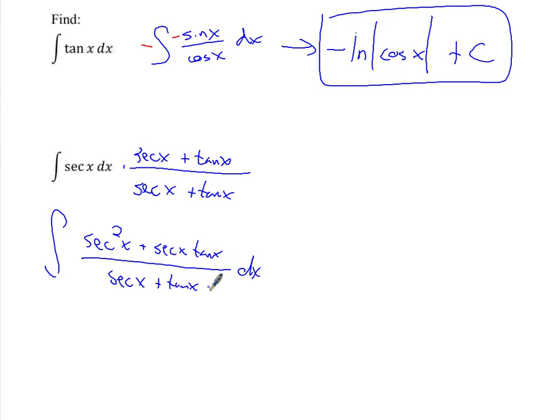The derivative of tangent is secant squared. So if I take the derivative of the denominator, what do I get? The numerator. By multiplying by this fancy 1, I created u prime over u. So we have the derivative of the denominator sitting in the numerator, which means I can integrate this, and what do I get?